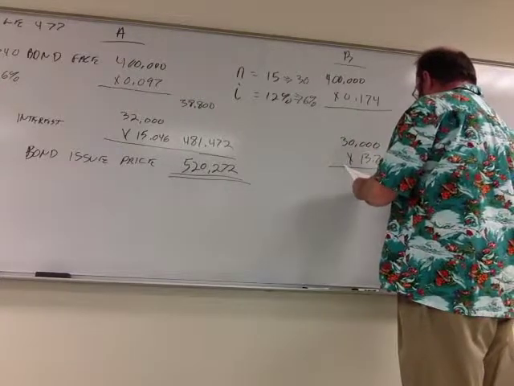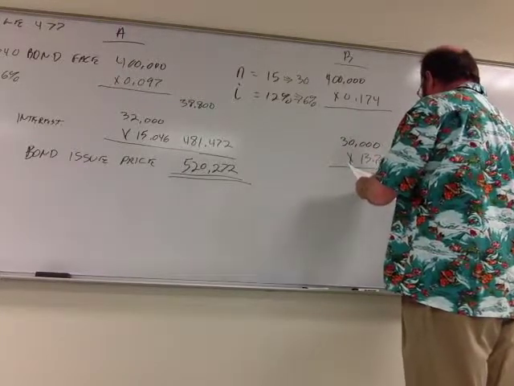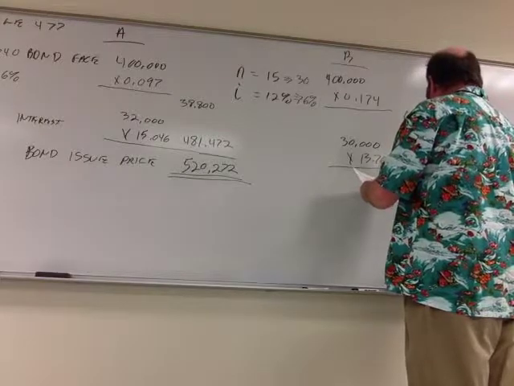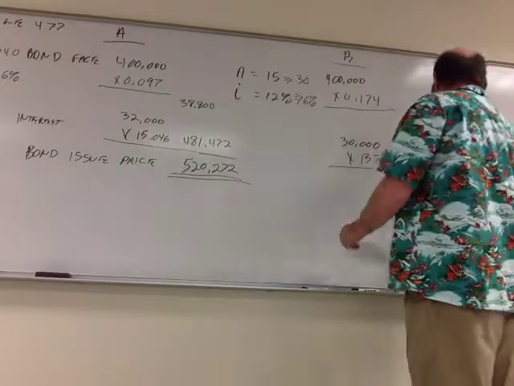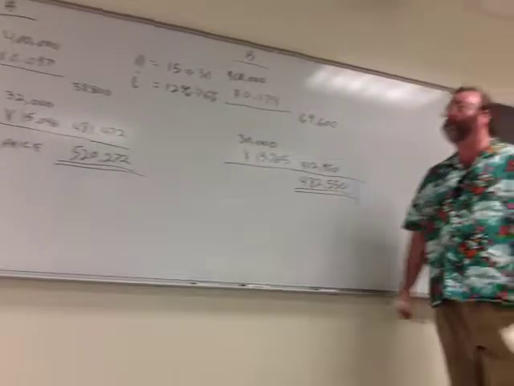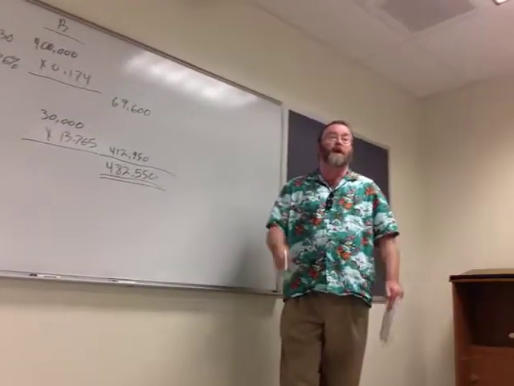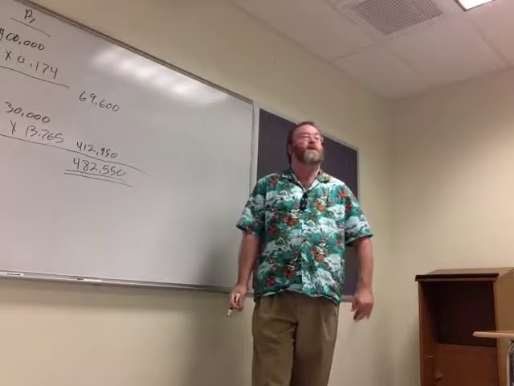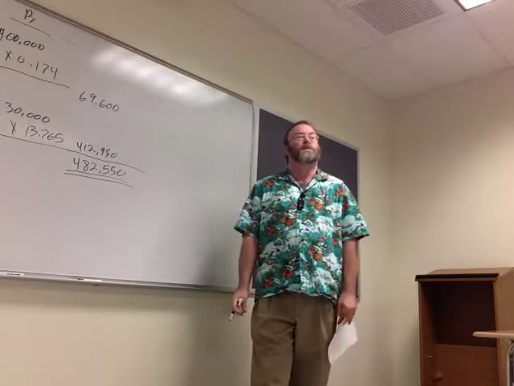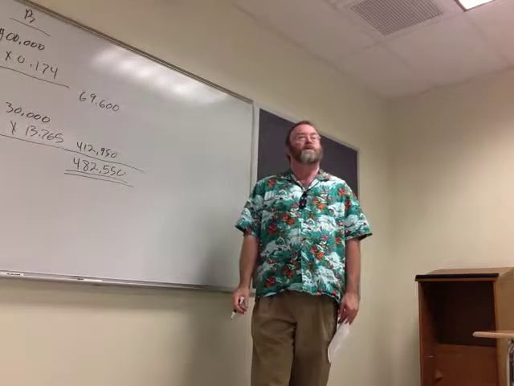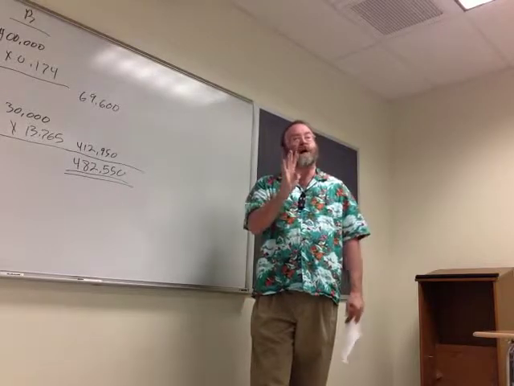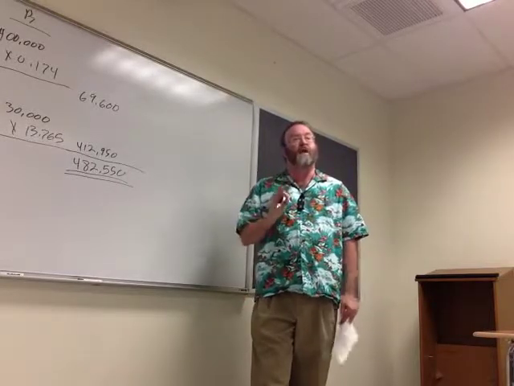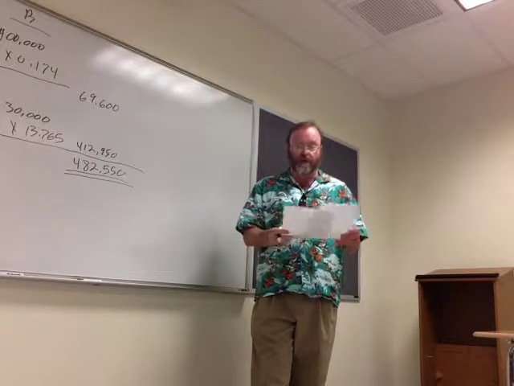That's a total of 482,550. Also a premium. Not as much as the first one because it's not as long a bond. So that's how you calculate the price of a bond. And I'm going to do another one here in a second.